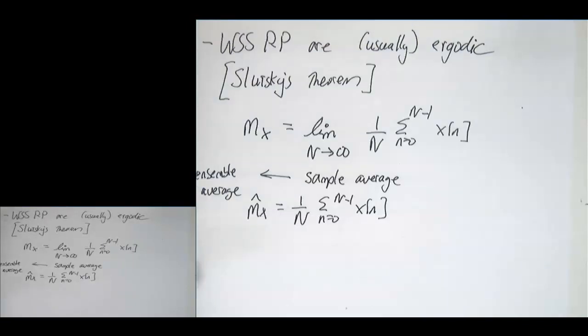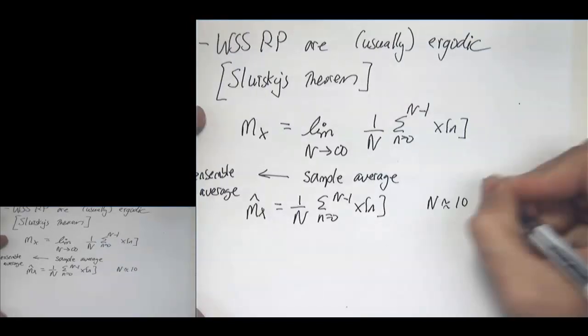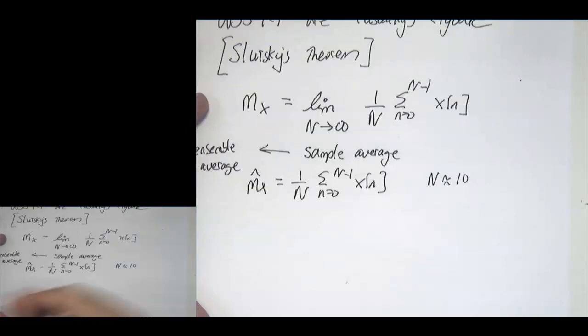The rule of thumb is that you need about one order of magnitude per order you're estimating. So for a mean, n would be on the order of 10. Now we can use the same concept to get the correlation estimator.